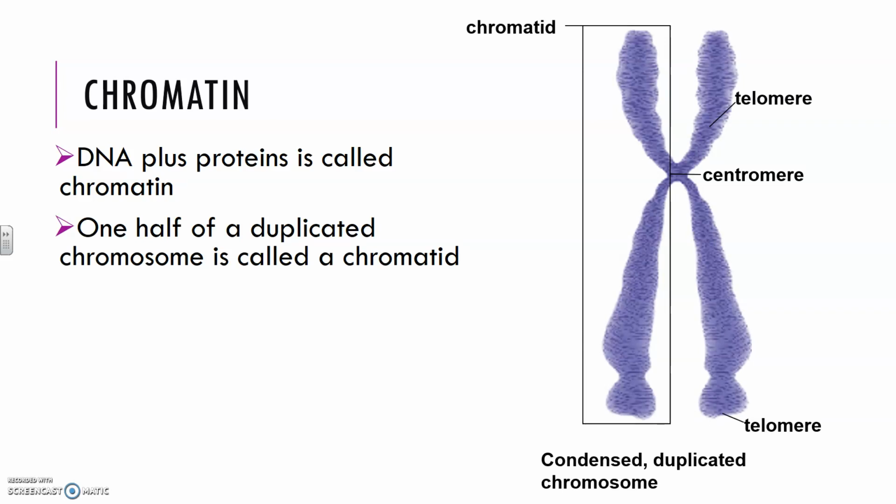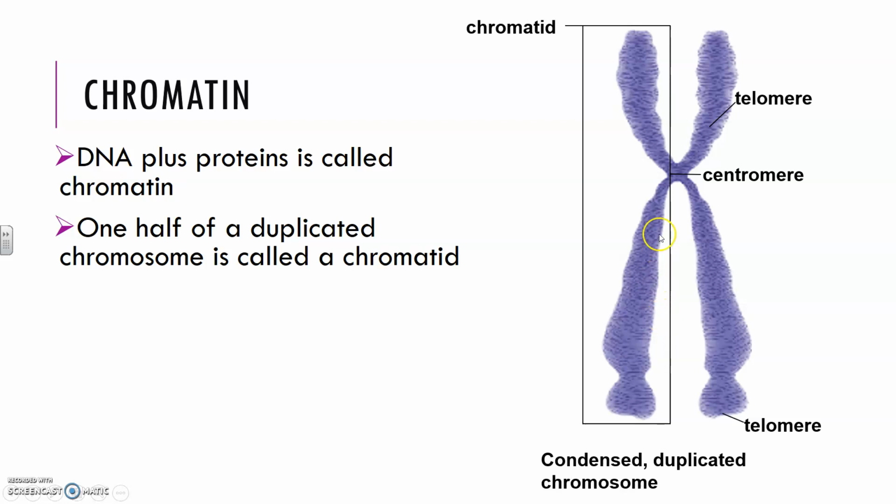Now, one half of a duplicated chromosome is called a chromatid. Okay? Nice and annoying. So we have the chromatin that kind of gets wrapped up into this thicker structure here, and then it is a duplicated chromosome. Okay, so you have 2 copies of the same DNA here, and one of those copies is called a chromatid.